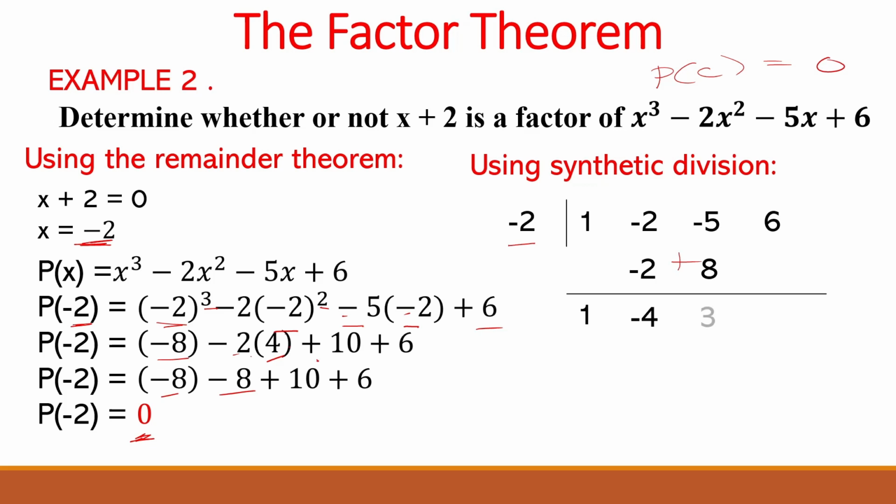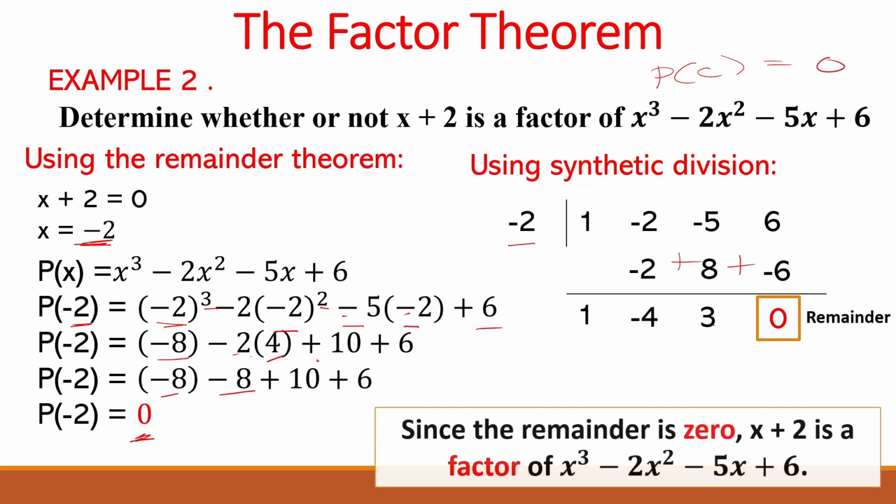Then you add, so that is positive 3 times negative 2. So you have negative 6. Then you add 6 plus negative 6 is 0. So our remainder is 0. So since the remainder is 0, x plus 2 is a factor of x cubed minus 2x squared minus 5x plus 6.